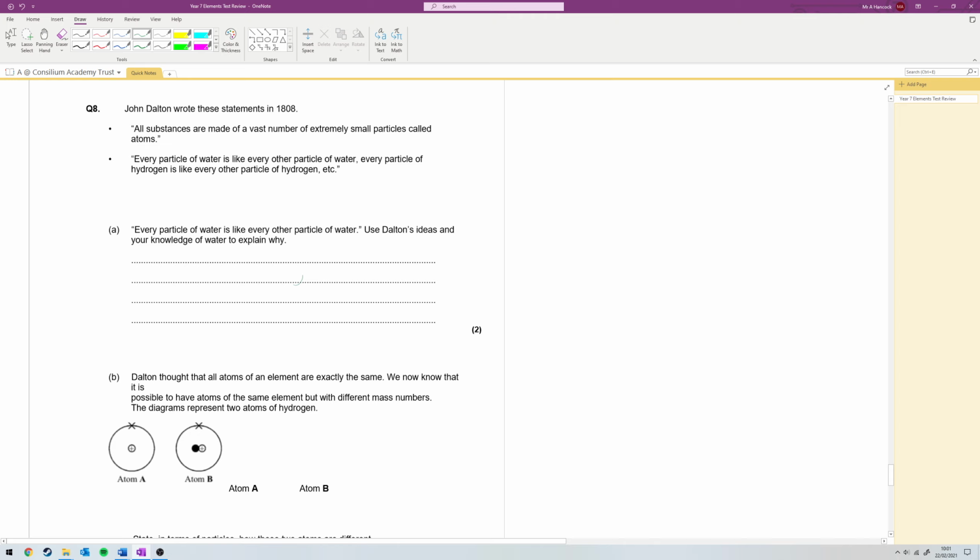Well, hopefully we remember that water is H2O. We've heard that before, and hopefully we know that that means that there's 2 hydrogen atoms for every 1 oxygen atom. So use this idea that he's just said to explain.